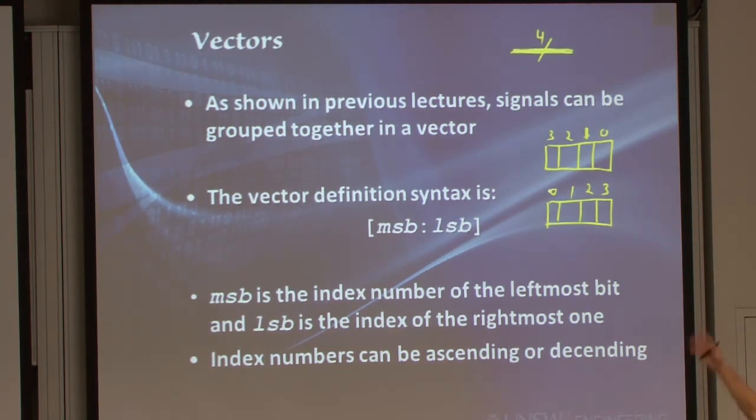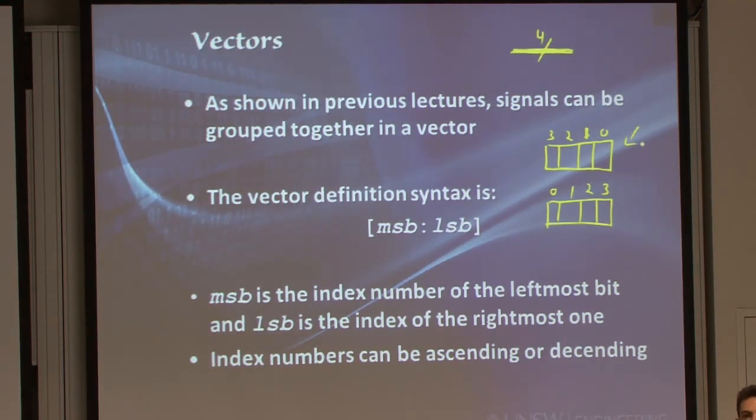Now, why would I want to choose one or the other? Well, depending on what you're actually trying to implement. You might want to say the leftmost bit is bit 0. Or you can use the standard convention and say the leftmost bit is 3, rightmost is 0. It essentially doesn't matter if you're consistent throughout your program and you know what bit you're trying to refer to.